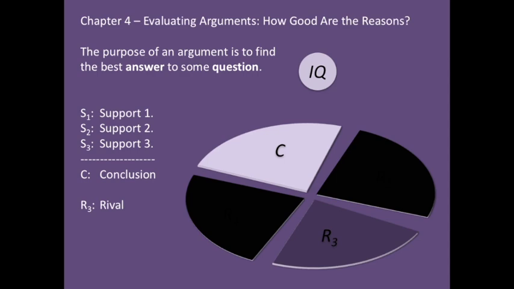All of the information that we were gathering functions as support, showing that this particular possible answer is the best answer to the implicit question. And we have all the different ingredients here for an argument: the implicit question, the support, the conclusion, and the rival.